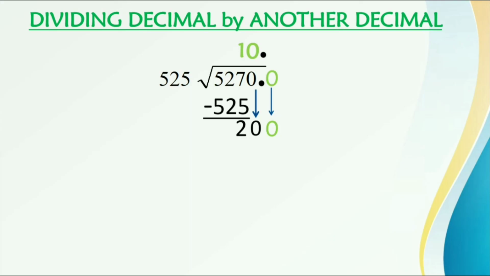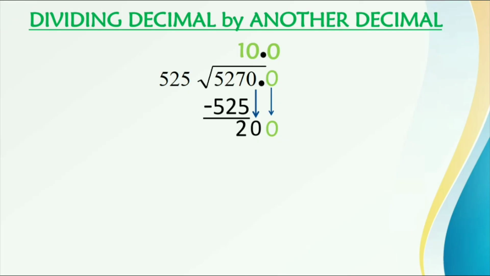So, i-test natin 200 divided by 525. So, hindi pa rin siya pwede. Pero nag-bring down kasi tayo, pero hindi pa rin siya pwedeng i-divide. Kaya, kailangan natin maglagay ng 0 sa ating quotient. So, basta nag-add tayo ng 0 and nag-bring down tayo and then hindi pa siya pwedeng i-divide, we will be adding a 0 as our quotient.